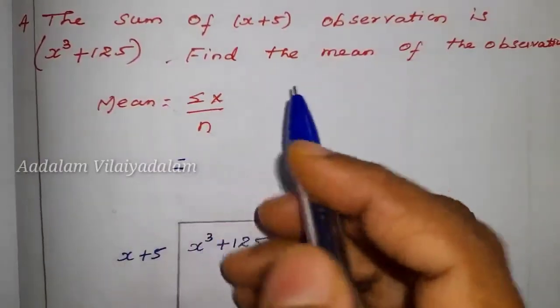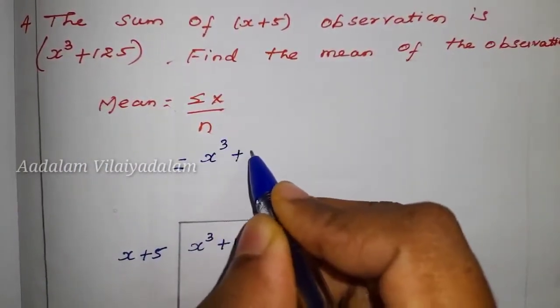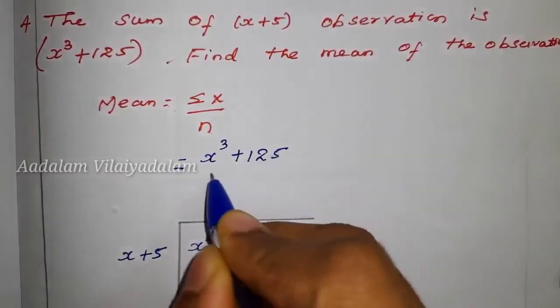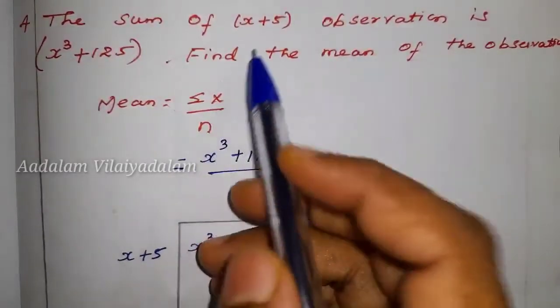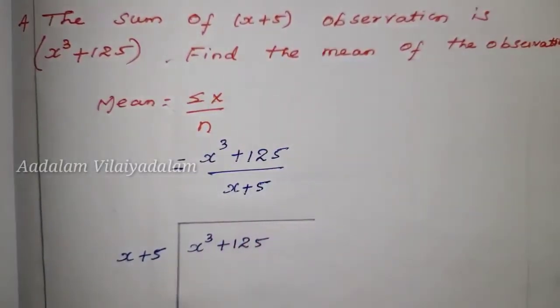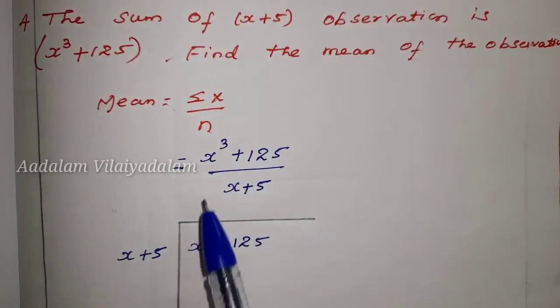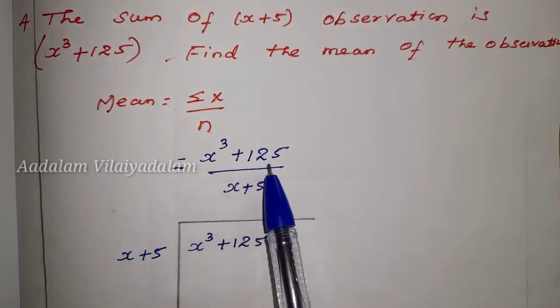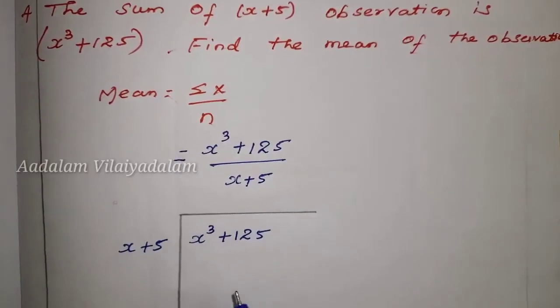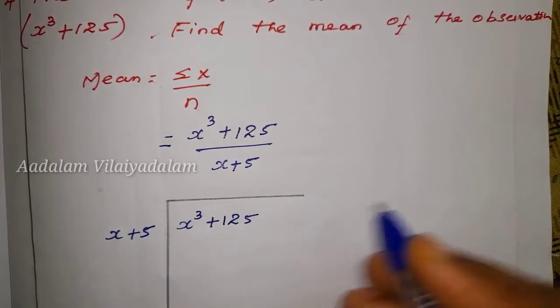Here the sum of the observations is x cube plus 125, divided by the total number of observations, x plus 5. So here we can find the mean value. Here also same method, x cube plus 125 divided by x plus 5. So what is the first term here? x cube divided by x.